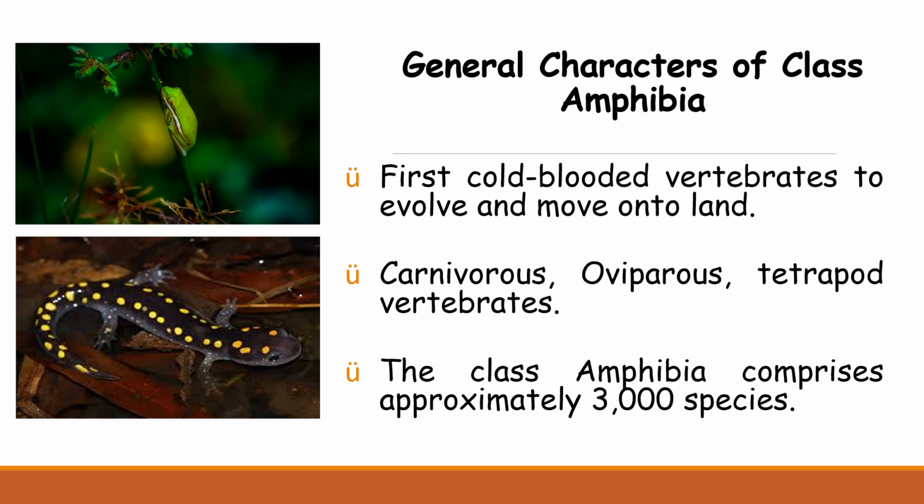But these are the first formed vertebrates which started moving on the land. Most amphibians are carnivorous, oviparous, tetrapod vertebrates. The class Amphibia comprises approximately 3,000 species worldwide.